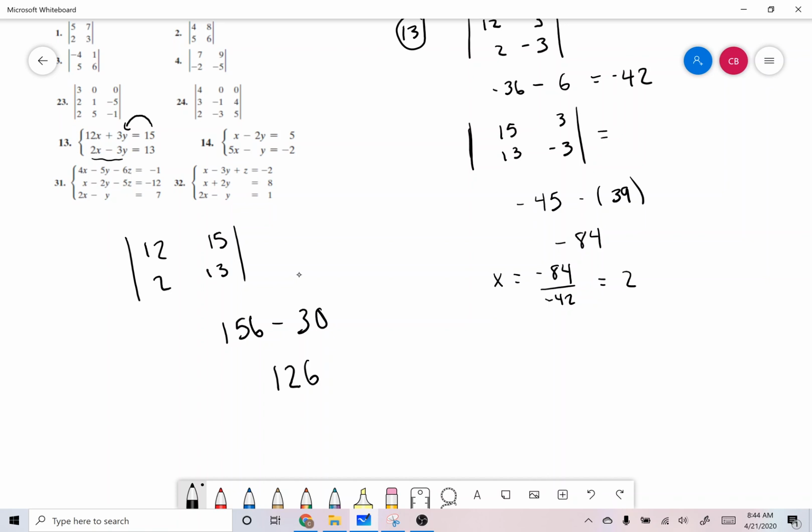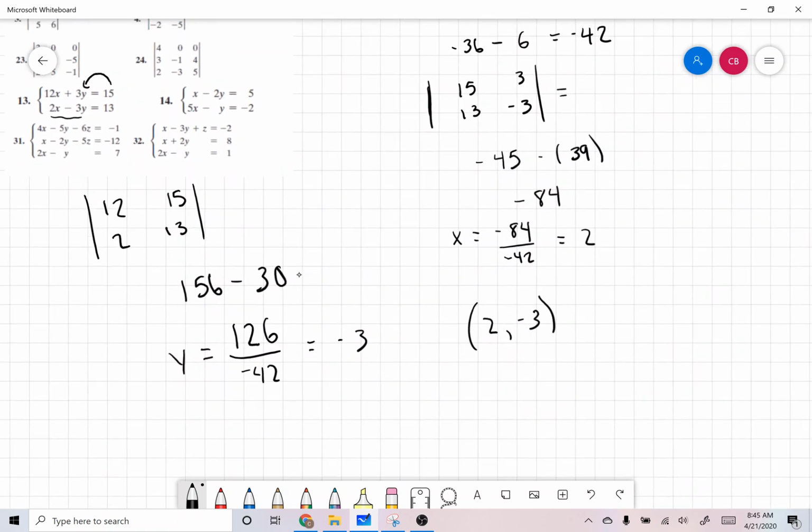Wait, 144 plus 12. Yeah, that's good. So 126, and then divide by -42, which is going to be -3. So 2, -3 should be the solution to that system.